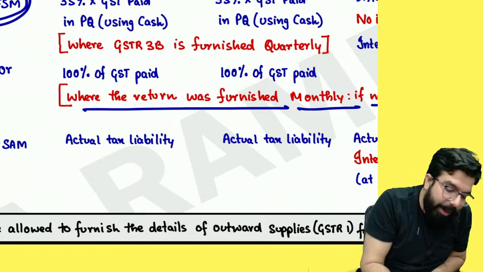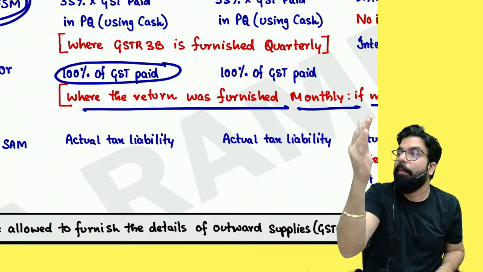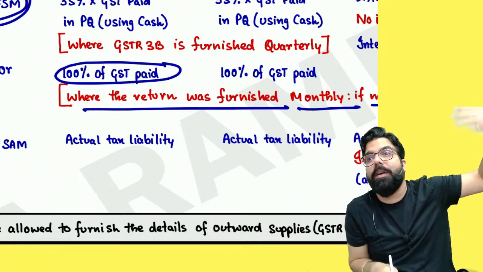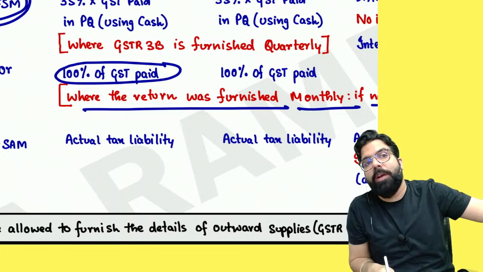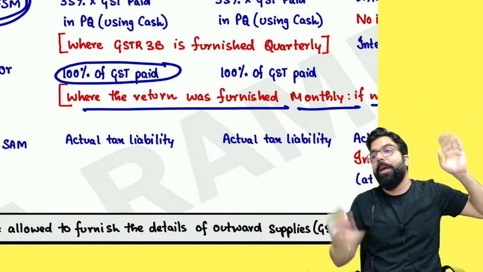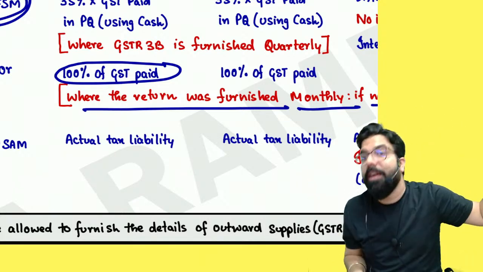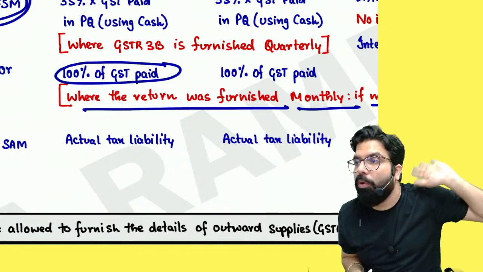They are telling pay that 100% of the amount. 50,000 you pay for the month of April also. 50,000 pay for the month of May also. And June ma, what will you do? June ka return, you will file GSTR 3B in July. Then do the actual calculation. If anything is refundable, we'll give the refund. If anything is payable, you pay. Because when you are filing GSTR 3B for the whole quarter, you will do the calculation. At the time of calculation, either you will get a refund or you will have to pay the difference.